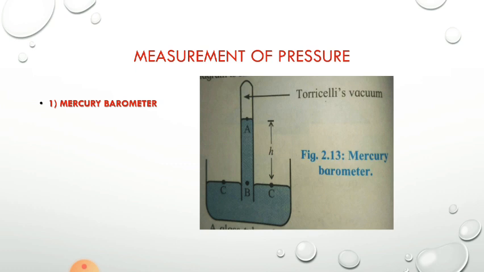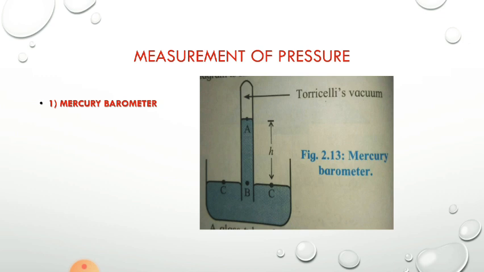It is then quickly inverted into a small dish containing mercury. The level of mercury in the glass tube lowers as some mercury spills in the dish. A gap is created between the surface of mercury in the glass tube and the closed end of the glass tube.